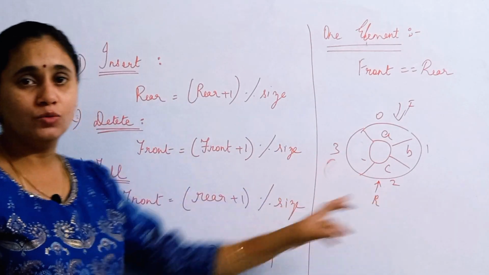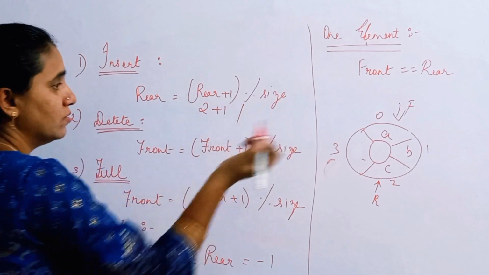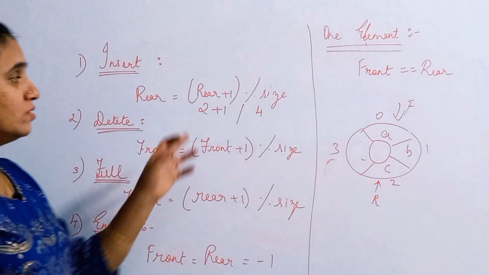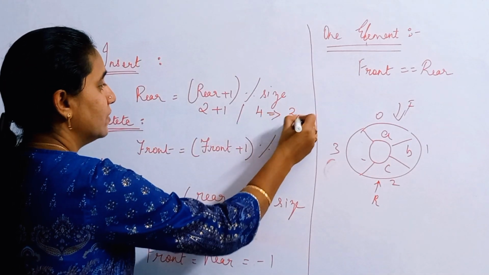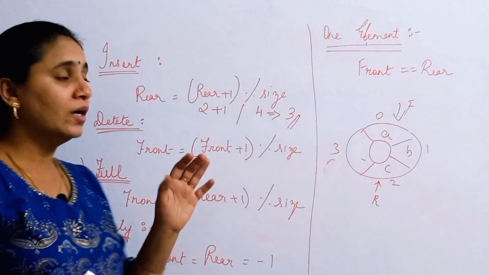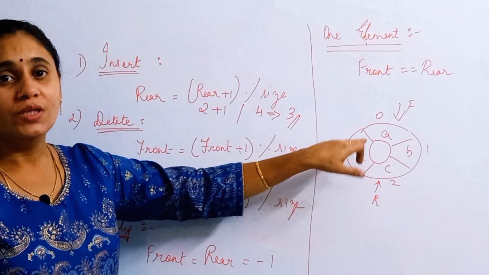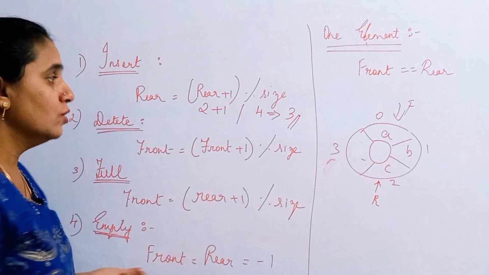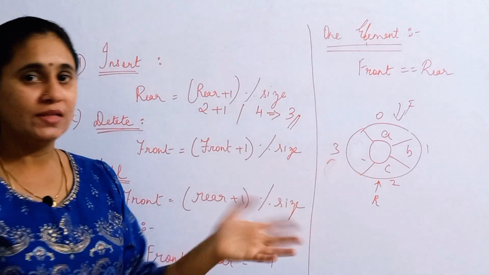The rear value is 2, plus 1, and size may be 4. So what is 3 modulo 4? You get the answer 3. So I must say that at the third index value I am going to insert the element. Like this they may ask you; you can directly substitute and give the answer.